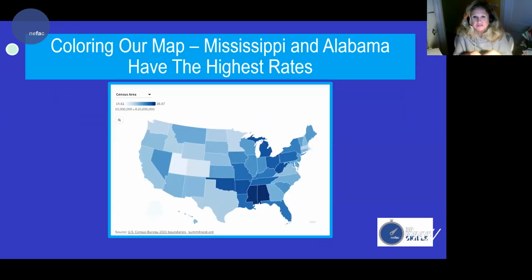So now we see a completely different representation of the data, where Alabama and Mississippi have the highest number of deaths per 10,000 people, which is a much different story that we're telling here.